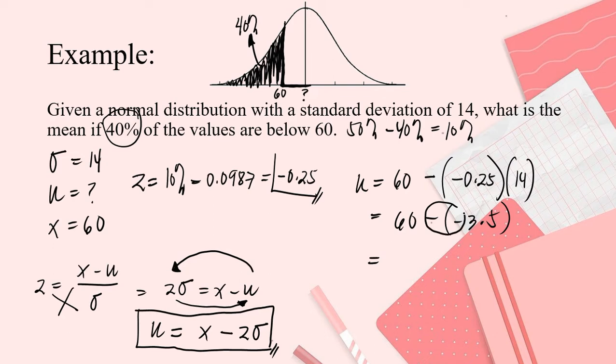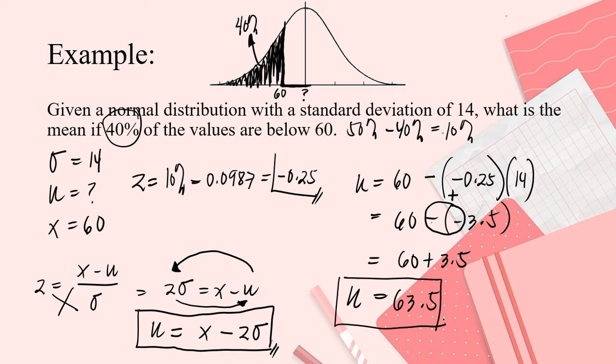As you can see po, both negative, so it will become positive. Tama? So, 60 plus 3.5. So, the value of your mean is 63.5. And that will be the final answer. Meaning, the mean is 63.5 if 40% of the values are below 60. Okay? Next.